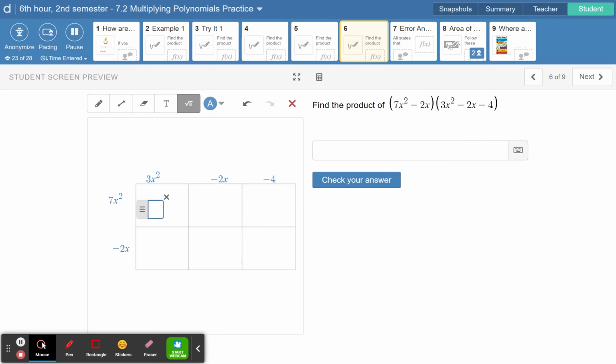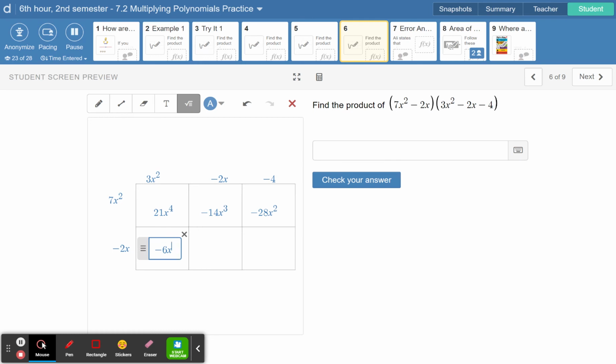So positive 7 times a positive 3 is a positive 21. Add the exponents when we're multiplying the same base. We get negative 14. X squared times x to the first is x to the third. And then negative 28, x squared.